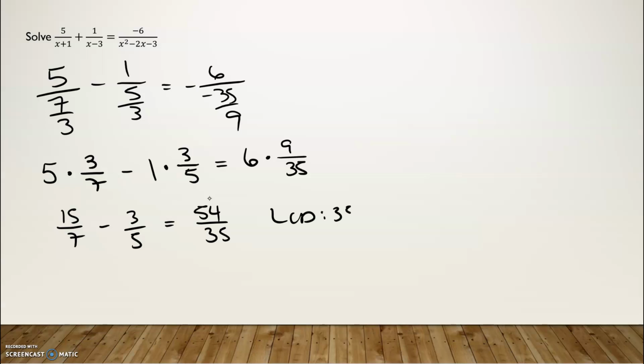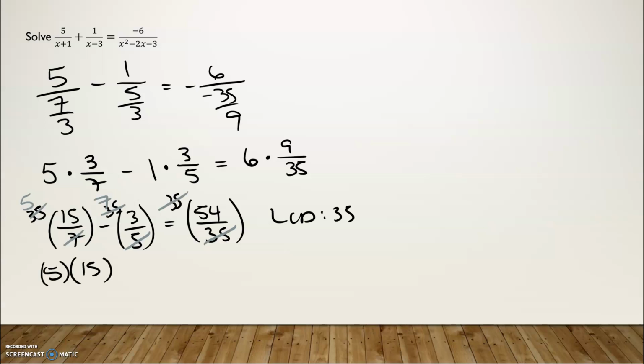Our LCD is 35, so we'll multiply 35 times each term. Cancel out the 7, left with a 5. Cancel out the 5s, I'm left with a 7. Cancel out the 35s. So now I have 5 times 15 minus 7 times 3 is equal to 54.